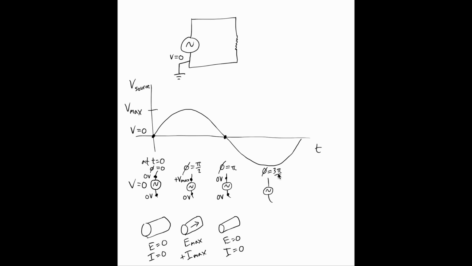In our last phase, 3 pi over 2, one side of our source will remain at 0 volts, but the other side will now become negative. This has the effect of reversing current and field inside the conducting wire.